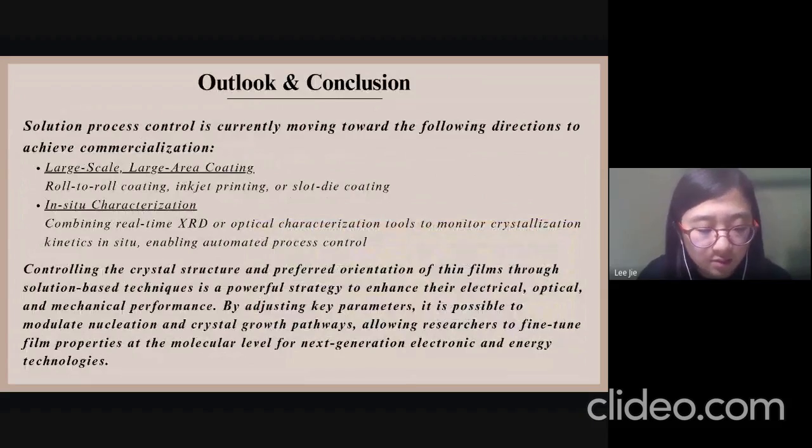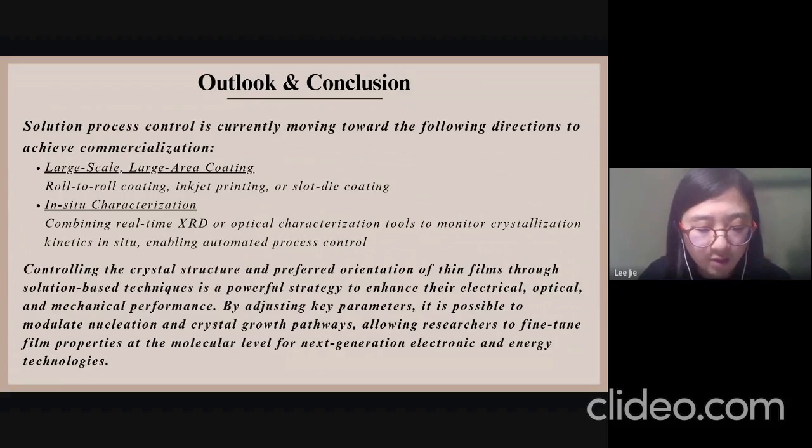Outlook and conclusion. The aforementioned applications have achieved immense success at the laboratory scale, such as small area spin coating. Solution process control is currently moving toward the following directions to achieve commercialization.